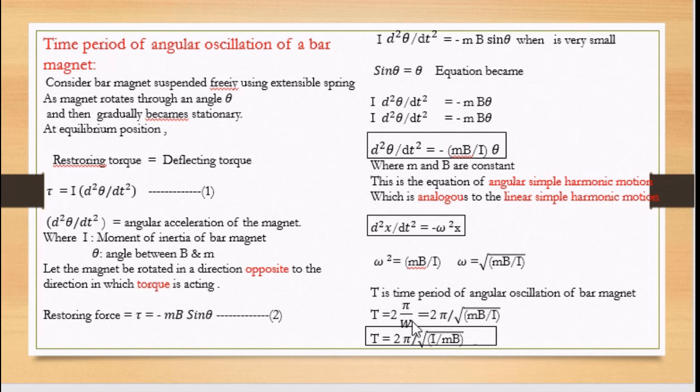Let us put the value of omega here: T is 2 pi upon under root of mB upon I. Then the time period T is 2 pi under root of I upon mB. This is the time period of angular oscillation of a bar magnet.